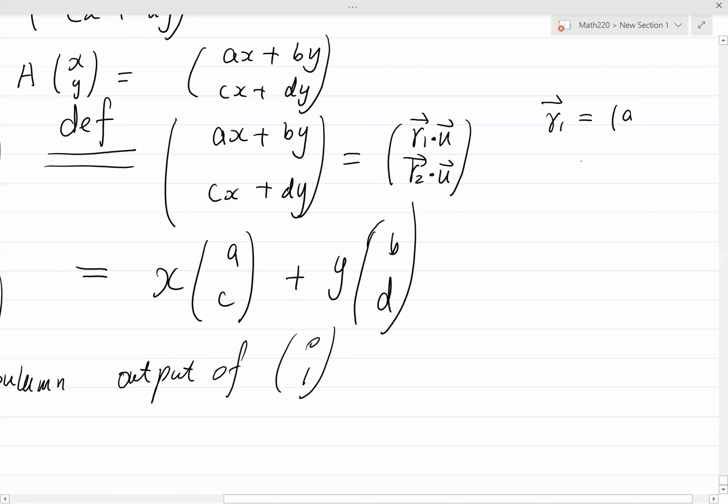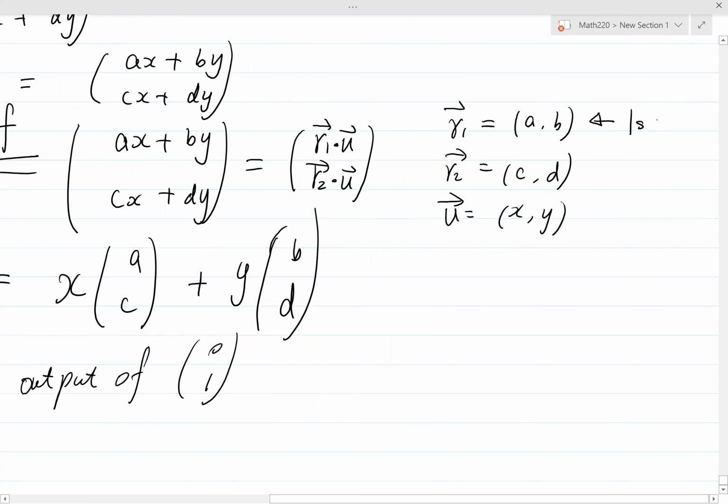R2 is the second row, c, d. Now U is x, y. So this is the first row vector, the second row vector.